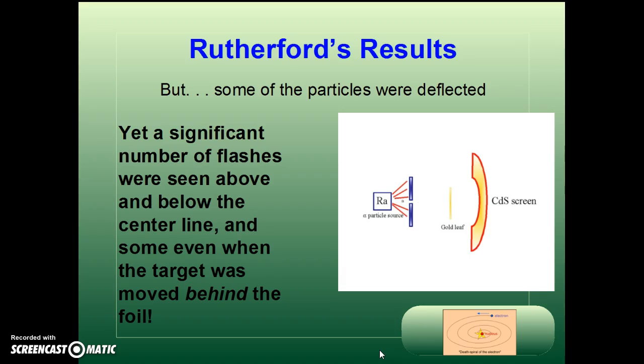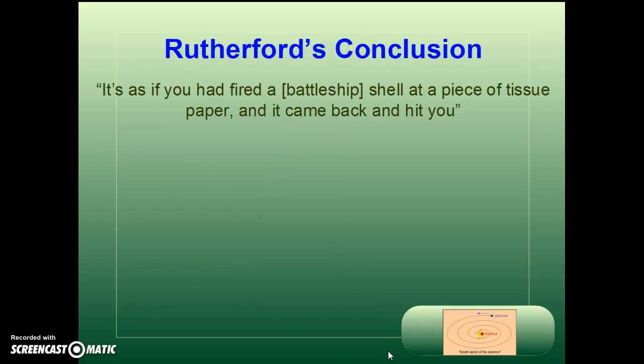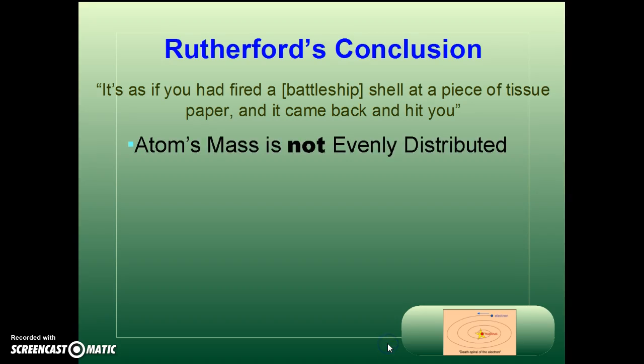Yet a significant number of flashes were seen above and below the center line, and Rutherford found that some of them were even detectable behind the foil. He said it's as if you'd fired a 15-inch shell at a piece of tissue paper and it came back and hit you. Because remember, the gold foil was very, very thin.